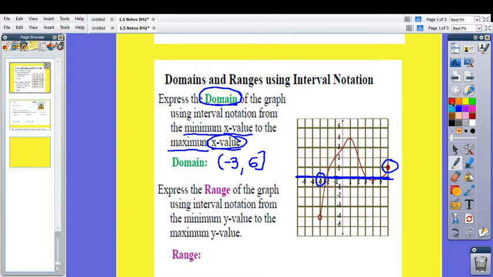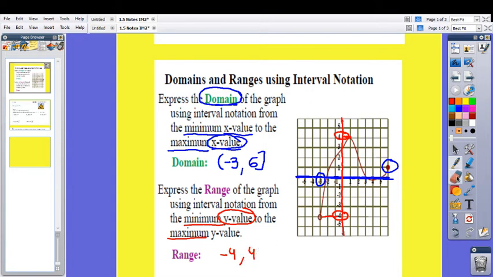So this is the domain using interval notation. Now range is nothing but the y values. So you find out the minimum and maximum y value. These are the y values for your graph. The lowest you have is -4 and the highest you have is 4. So we are going between -4 and 4.